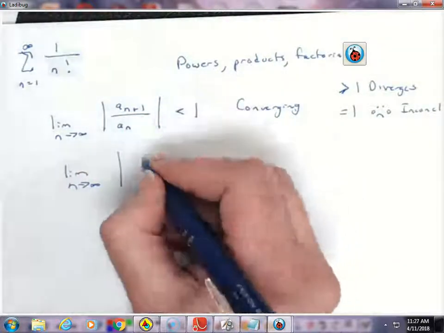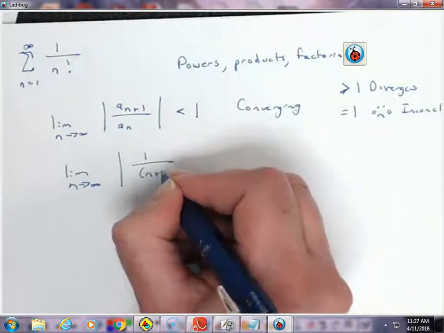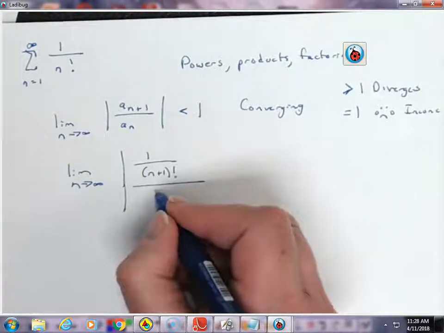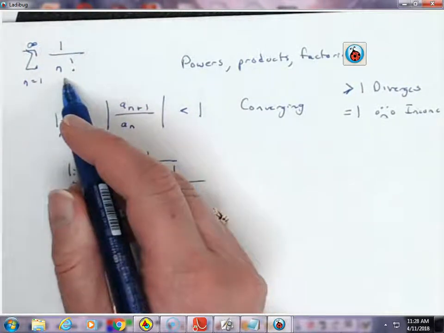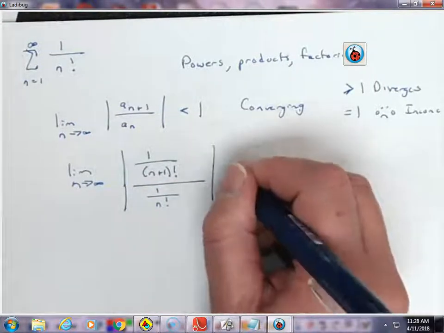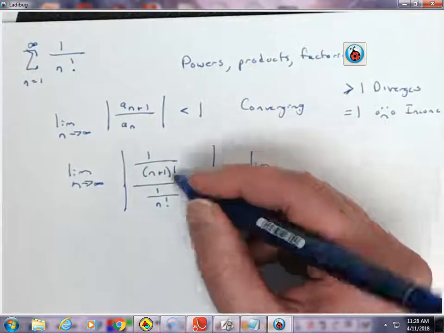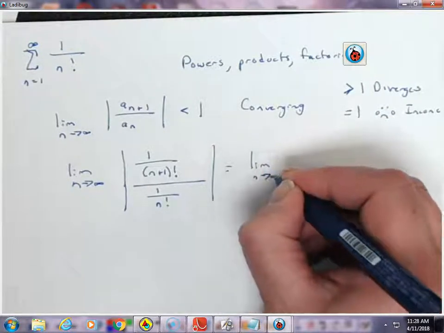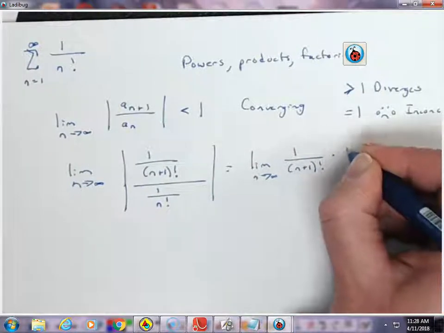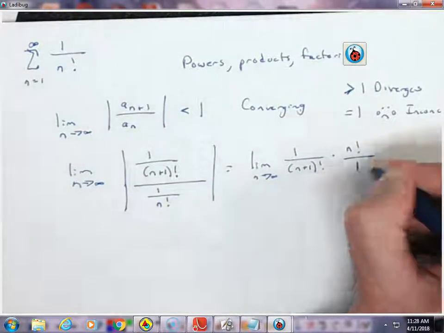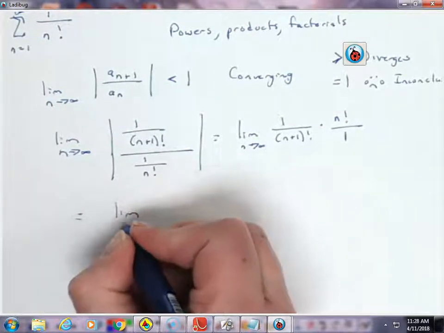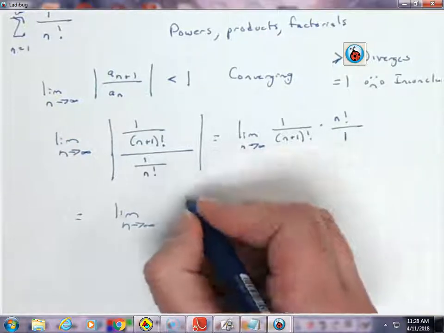So we're going to do 1 over n plus 1 factorial, and then you're dividing that by the original, so just n plus 1 for all your n's. All of these are positive, so I'm going to drop the absolute values. You'll have 1 over n plus 1 factorial times the reciprocal. And we want to figure out what that is. If you'll remember, you can just break down the factorial, whichever one's larger.